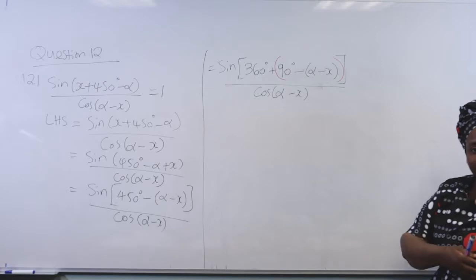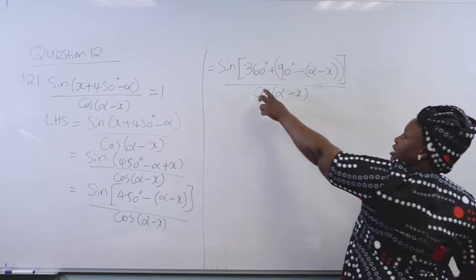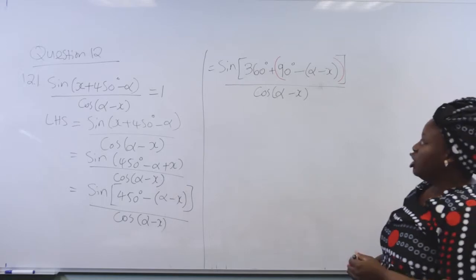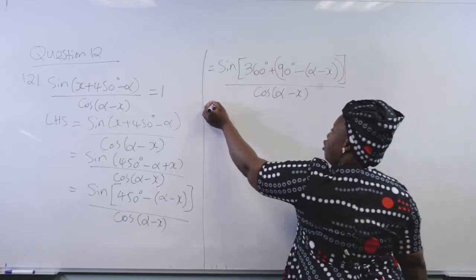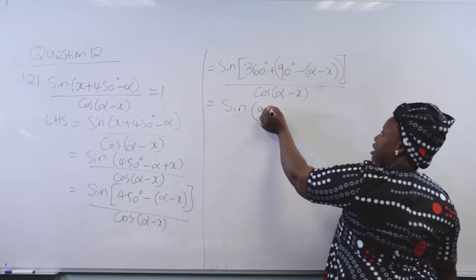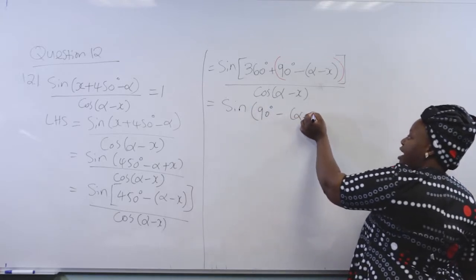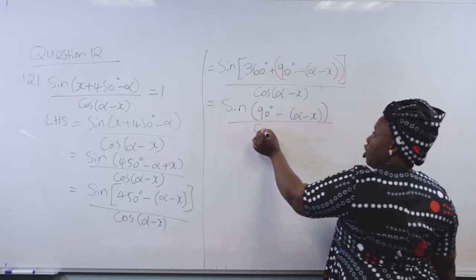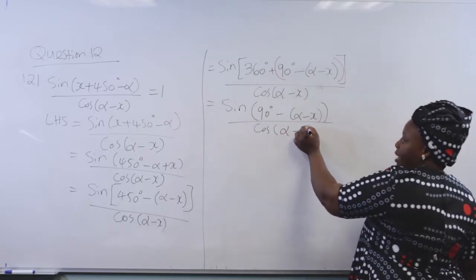So you substitute that in that manner. So 360 plus is in the first quadrant for which all ratios are positive. So even sine is going to be positive. Therefore, we're going to write it as sine of 90 minus alpha minus x. And we divide that by cos of alpha minus x.